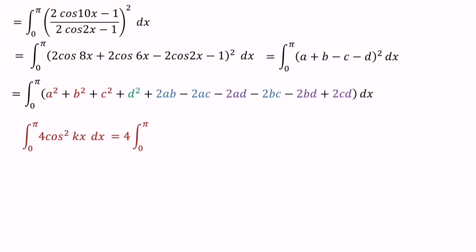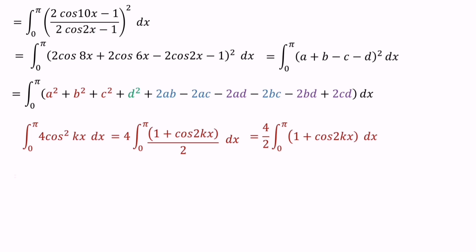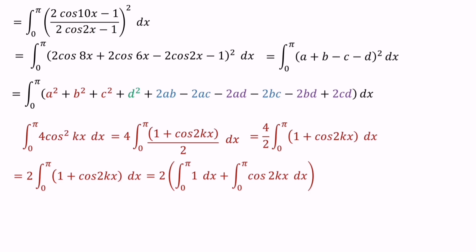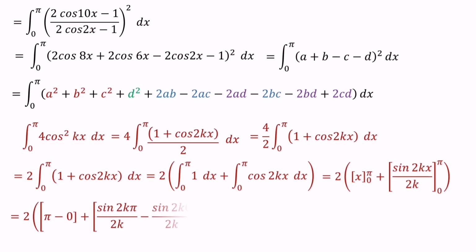Cos squared theta equals 1 plus cos 2 theta over 2. So instead of cos squared kx, we can write 1 plus cos 2kx over 2. The denominator 2 is a constant, so we can bring it outside of the integral. After that, we can consider the integral sign separately. Integral of 1 equals x and integral of cos 2kx equals sin 2kx over 2k. Then we can substitute the upper limit and lower limit for these answers and we can get the result 2 pi.